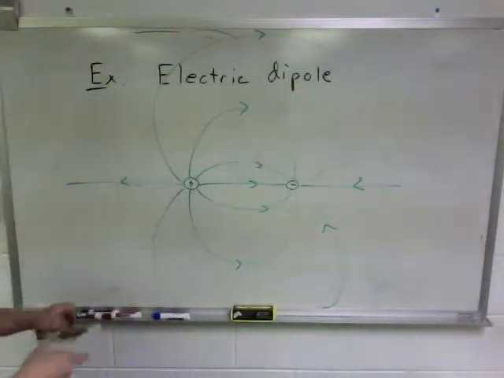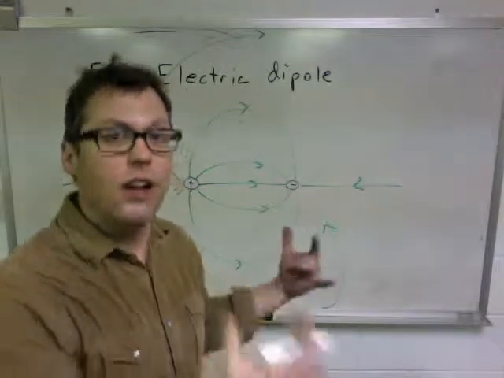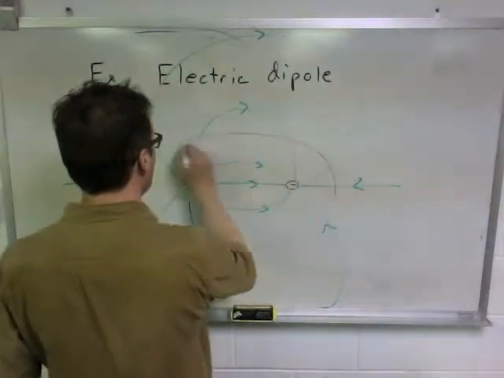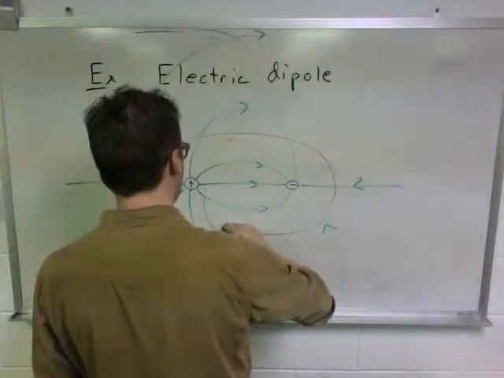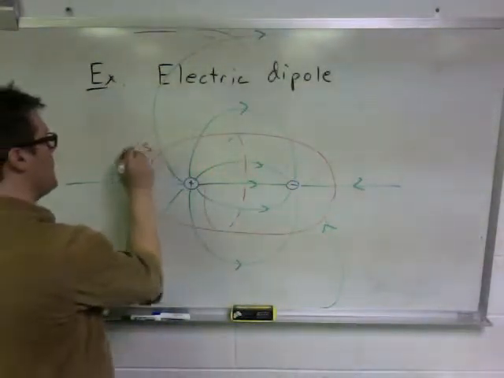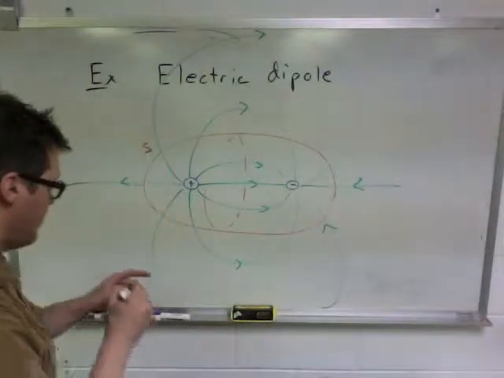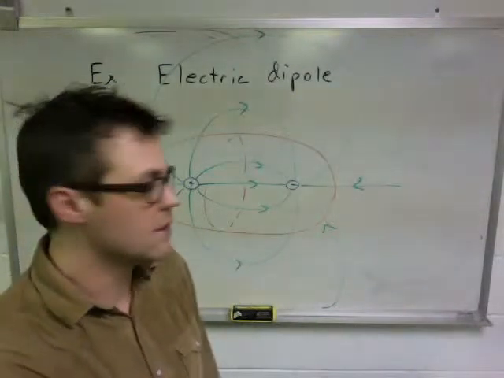And I want to imagine enclosing both of these charges by some imaginary shape. So this is a bag, and it encloses both of these charges. So this is my imaginary surface S. Again, it's nothing real. There's nothing there. I'm just imagining it. And I can ask the question, what's the electric flux through that surface?